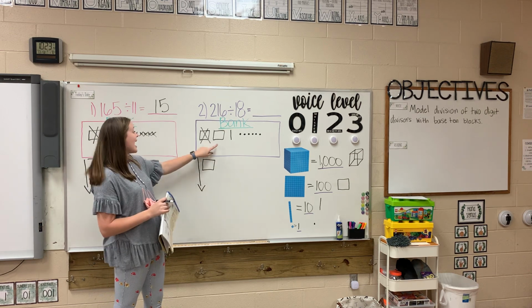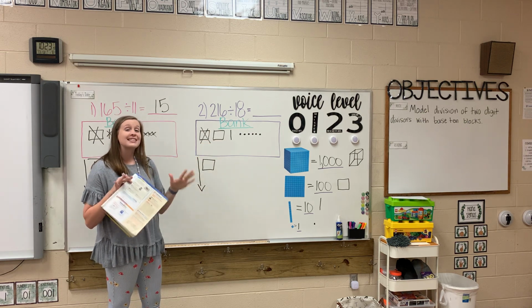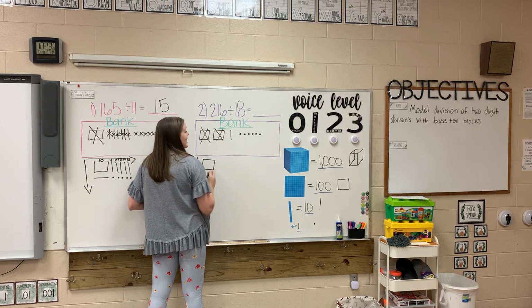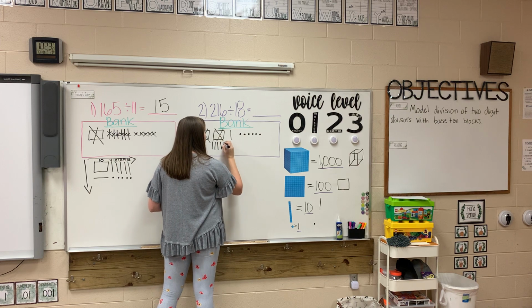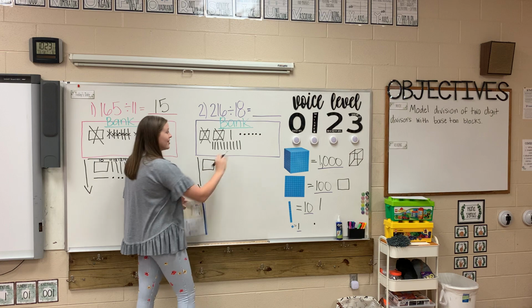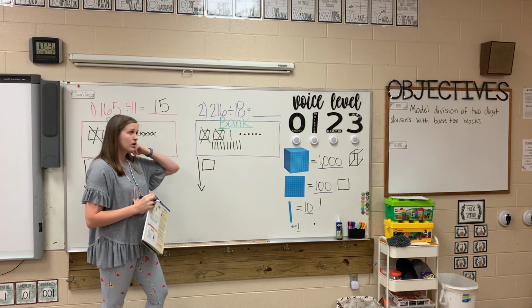Awesome job, guys. I'm going to exchange my flat for 10 longs. So I'm going to get rid of this flat, and I'm going to get 1, 2, 3, 4, 5, 6, 7, 8, 9, 10 longs in exchange for my flat. Okay?